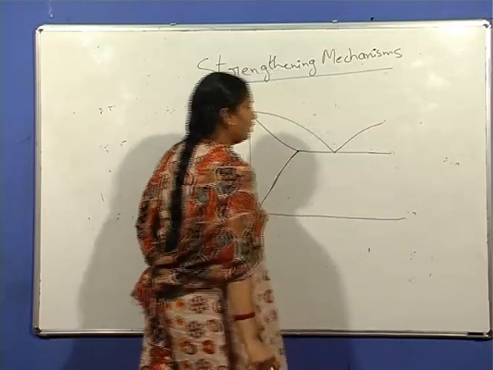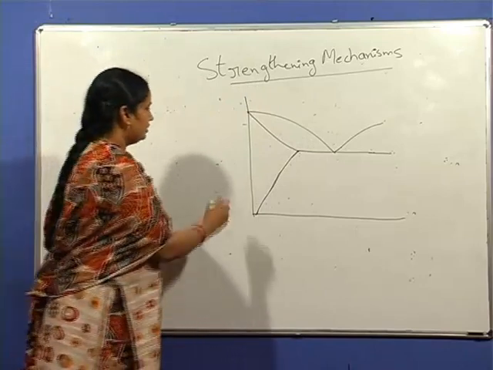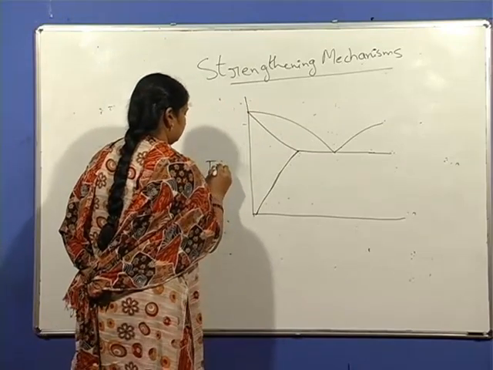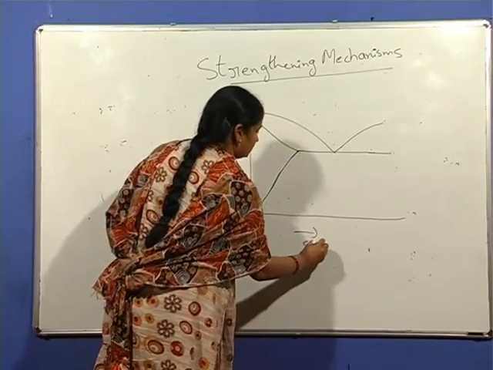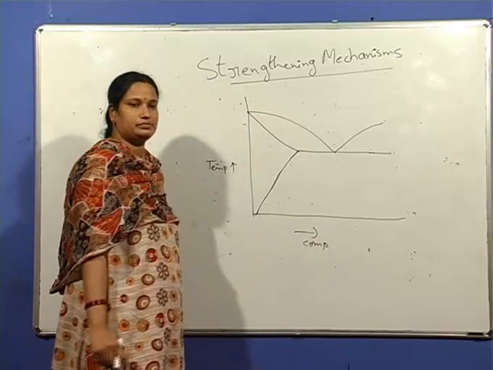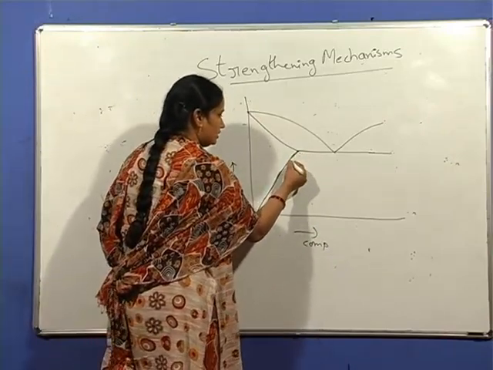So this is a small part of the aluminum copper phase diagram, with temperature and composition.